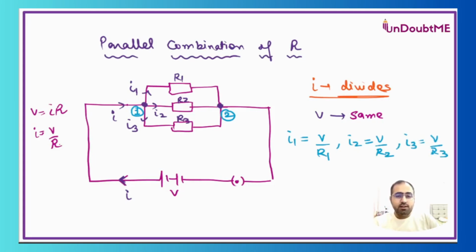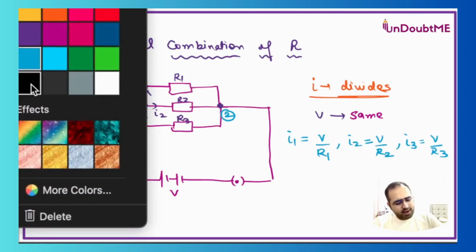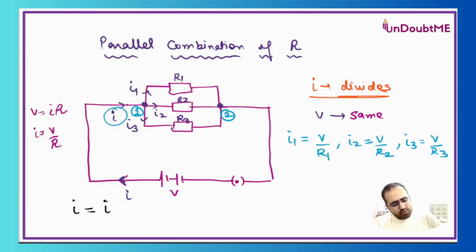I1, I2, I3 are the respective currents for different branches, as you can see in the diagram. Now the net current in the circuit was I and it is getting divided into I1, I2, I3. So I can say that the net current I will be equal to I1 plus I2 plus I3.